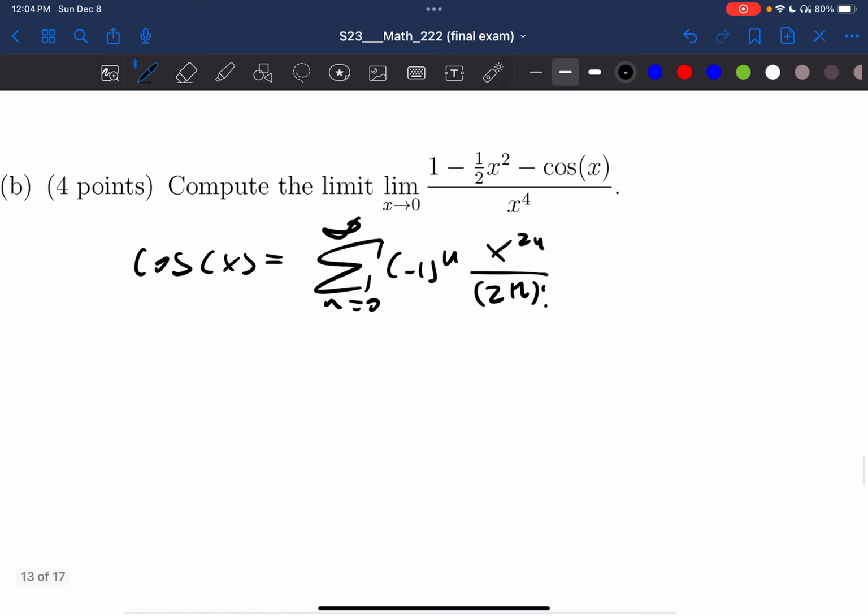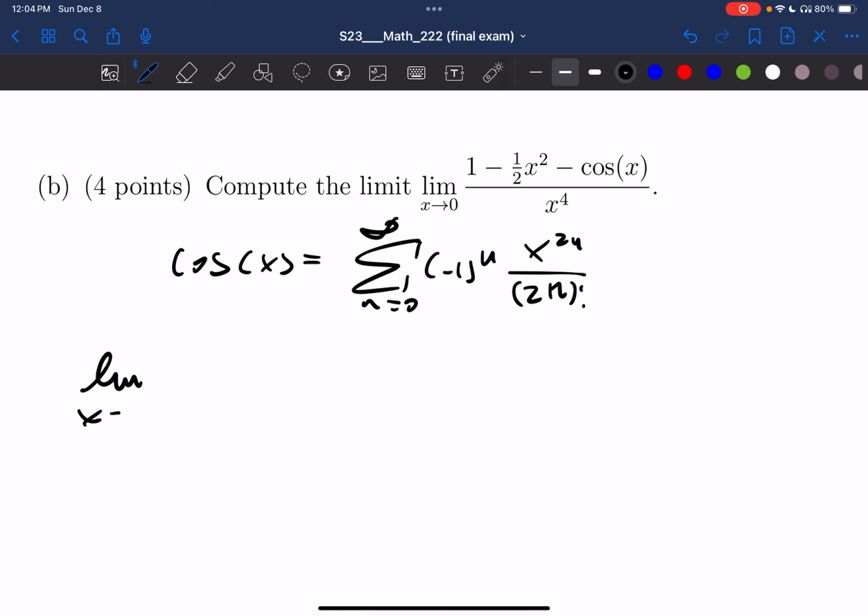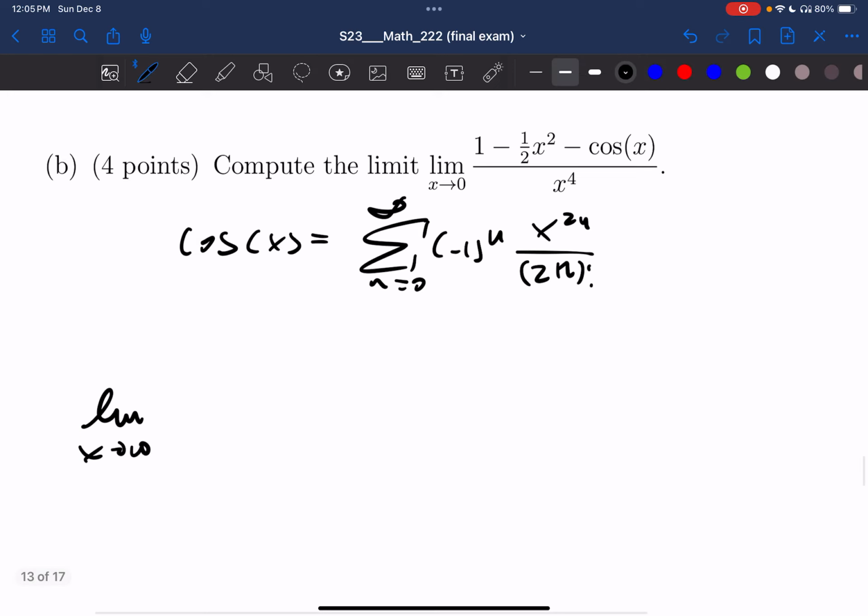So the limit as x goes to 0 will be of 1 minus 1 half x squared, and now let's expand this out a little bit. If we plug in 0, we get negative 1 to the 0 power, which is 1, so we have 1 at first. Then the next term should be a minus. If you plug in 1, you get negative 1 to the first power, which is negative 1. So yes, it will be negative.